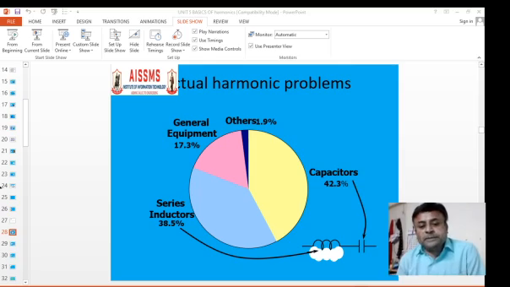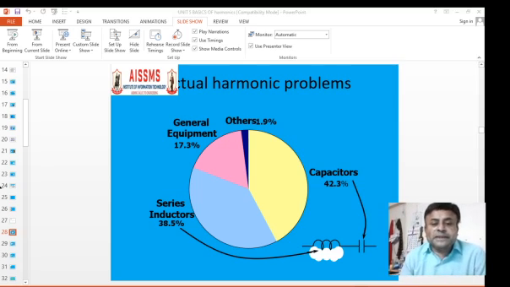Then there is a problem with series inductors. Again, a series inductor is a power quality improvement device. About 38.5% of problems are observed with respect to series inductors, meaning that if the harmonics are higher, then 38.5% of the total equipment problems are attributed to inductors.